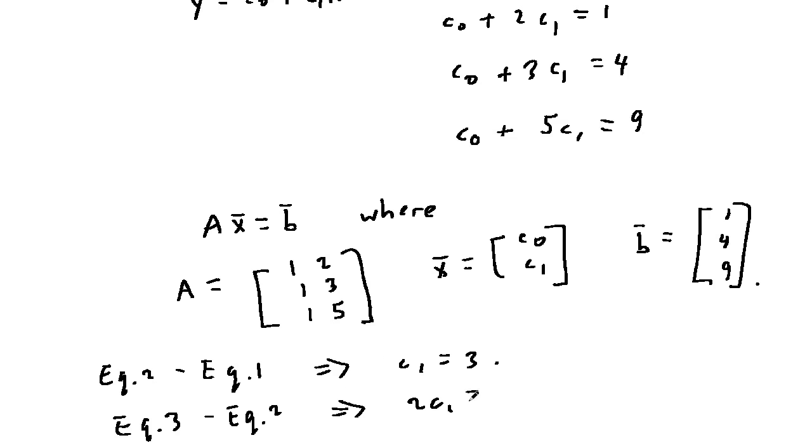Then we get 2c1 equals 9 minus 4. So solving for c1, we get 5/2. But c1 we found was 3, so this is a contradiction. And so the equation Ax equals b has no solution. So the 3 points do not lie on a line.